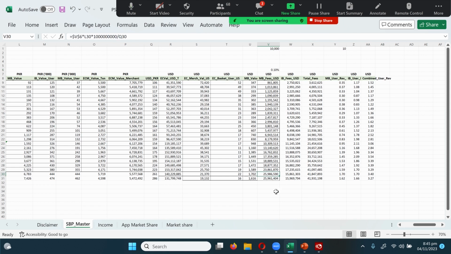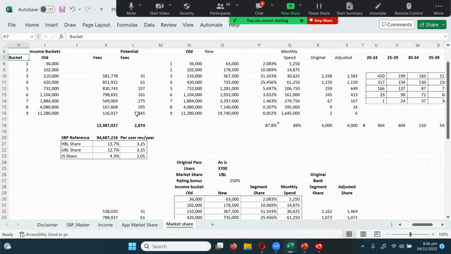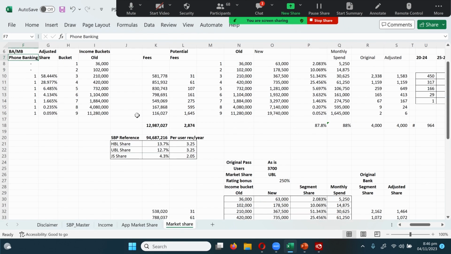So one of the factors you need to look at is, for example, if I take all this volume that I have covered here within my market share, then my cumulative share, right? My cumulative share of all transactions that happen is the product of my monthly spend and the multiplication of this with the number of adjusted users I have, right?